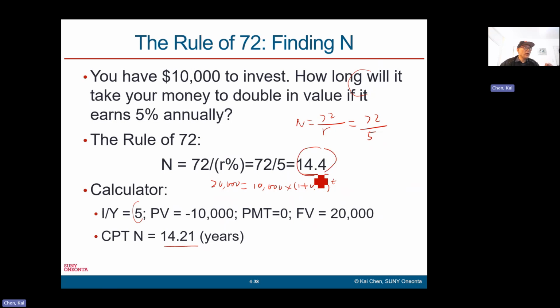Okay, when you run your calculator, there is a small tip. Because we're looking at the double issue, right? If you invest $1, then you double the value of your investment, you expect to receive $2.